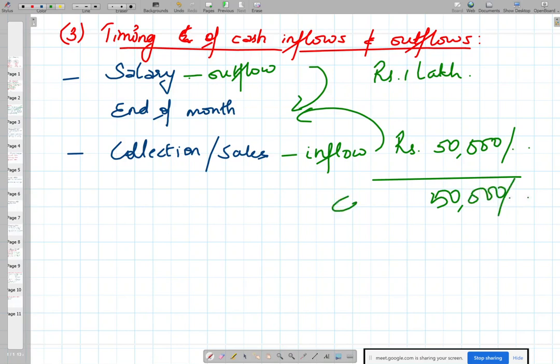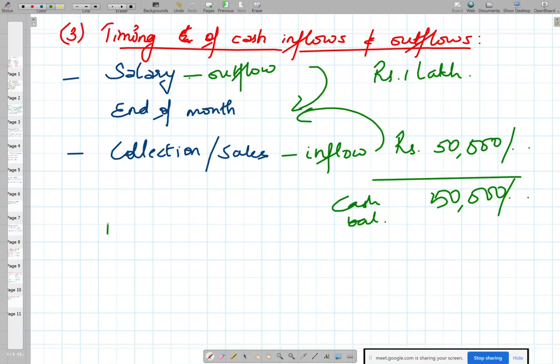You need to have a cash reserve of at least 50,000 with you, right? So the bigger this difference in the timing of the cash inflow and outflow, the larger will be the cash balance required. And if by chance your business is lucky enough that the inflow and outflow match with each other and come around the same time, then you will need a lower cash balance.